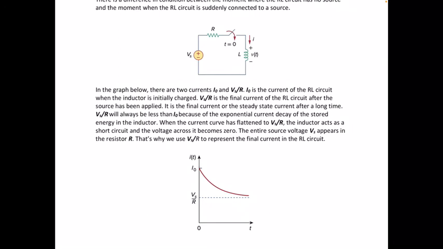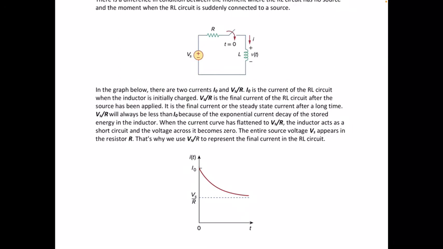So it is the final current, or the steady state current after a long time. Vs over R will always be less than I sub 0 because of the exponential current decay of the stored energy in the inductor. So the inherent exponential decay of current is something that we can expect naturally from the inductor. It is by nature of the inductor.